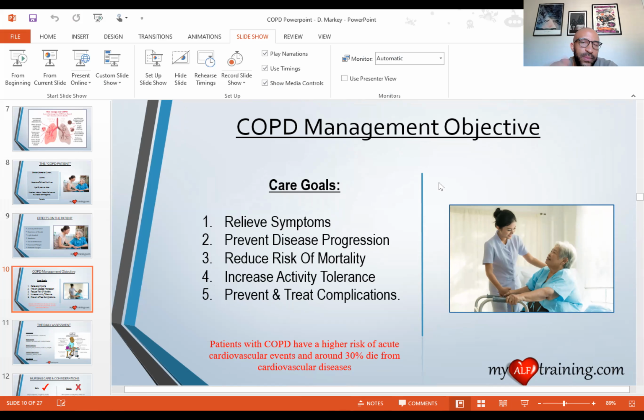Well, the patient who has COPD, our management objectives, I have put together 5 specific care goals that we should have that should navigate our treatment of this patient, our care for this patient, and also we should go under each one of these and set care goals for this patient.